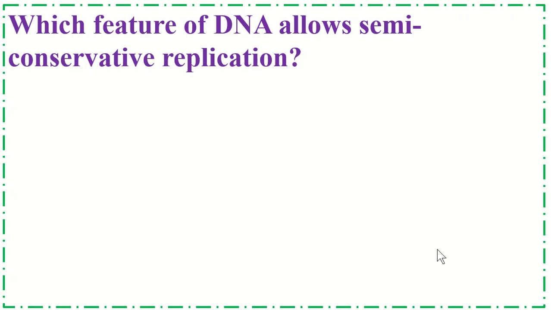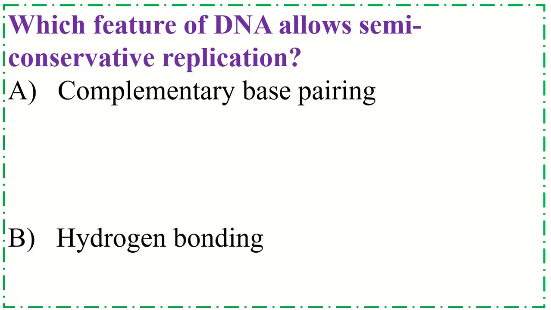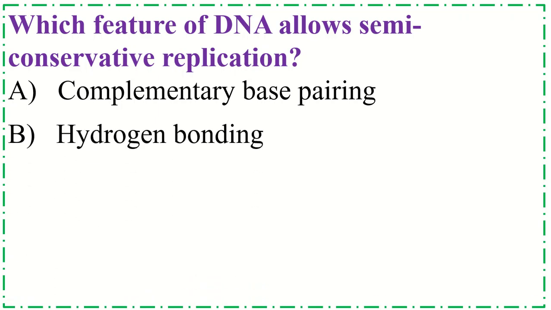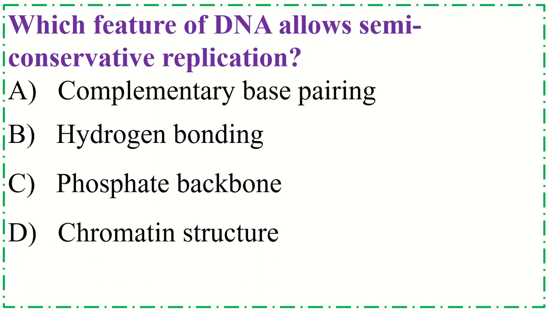Which feature of DNA allows semi-conservative replication? Option A, complementary base pairing. B, hydrogen bonding. C, phosphate backbone. D, chromatin structure.